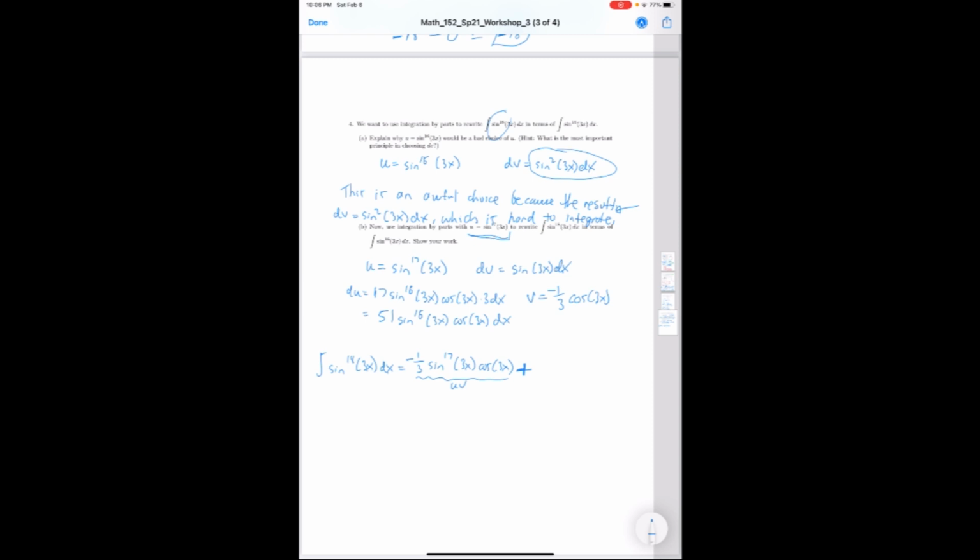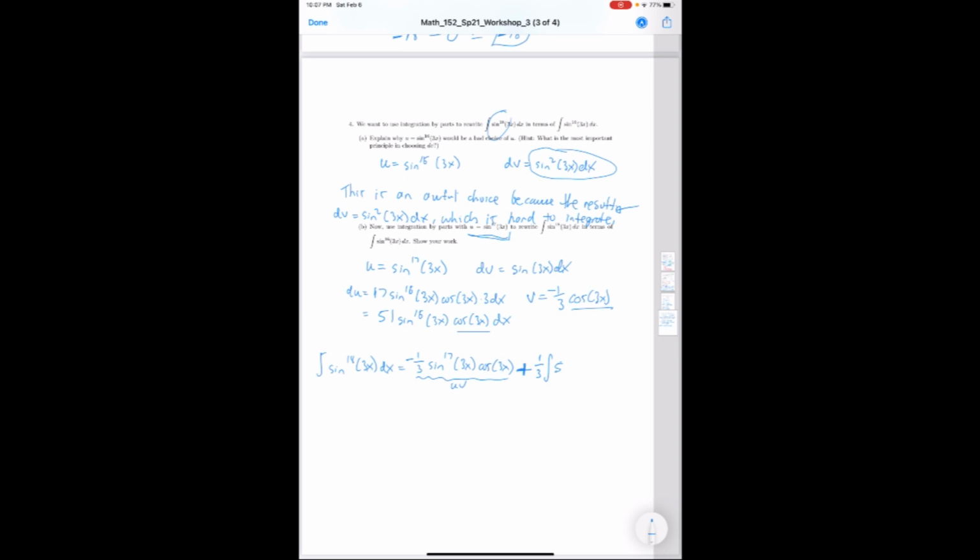So this is going to be plus 1/3 times the integral of, sorry, 51 sine to the 16th 3x cosine 3x, and then another cosine 3x.